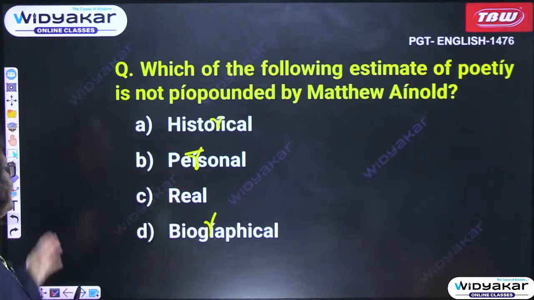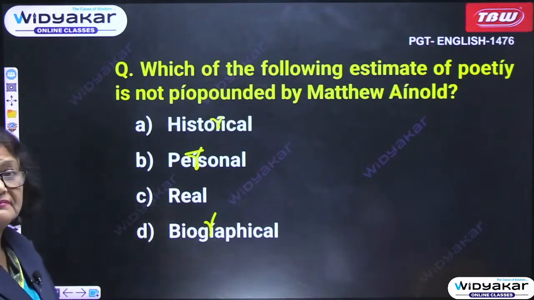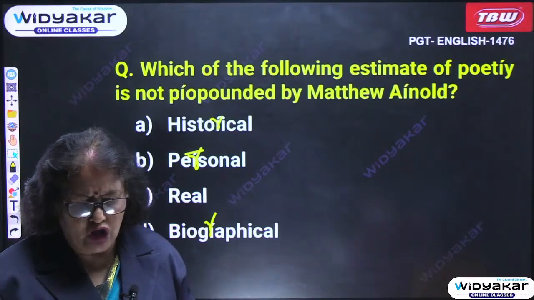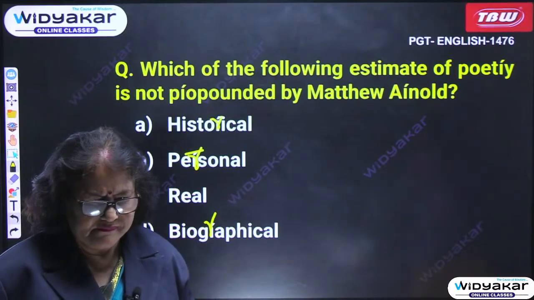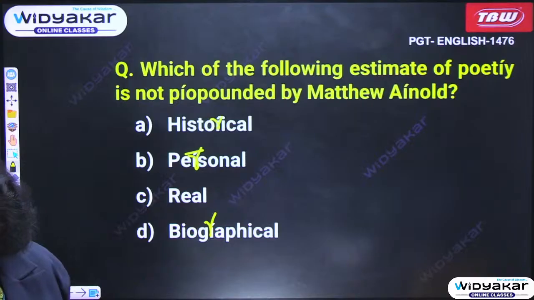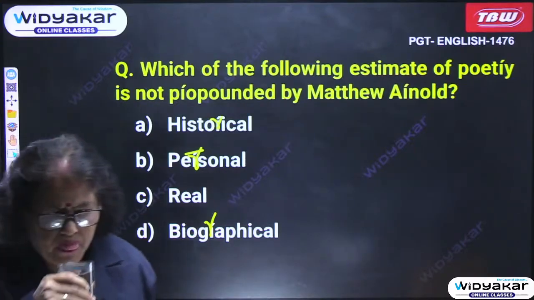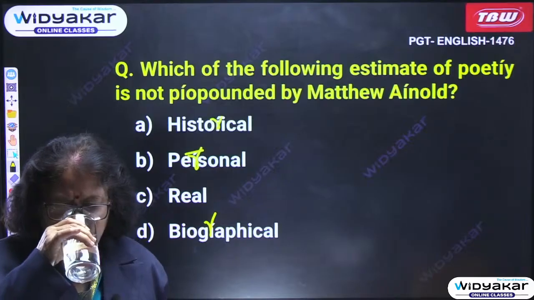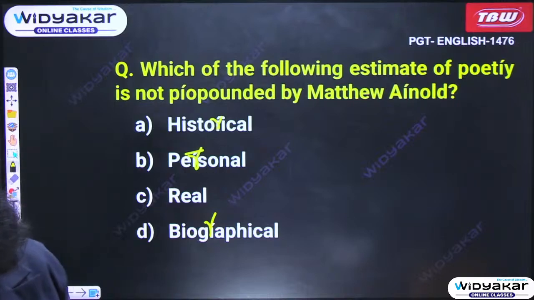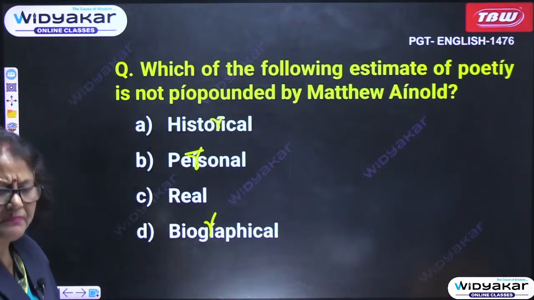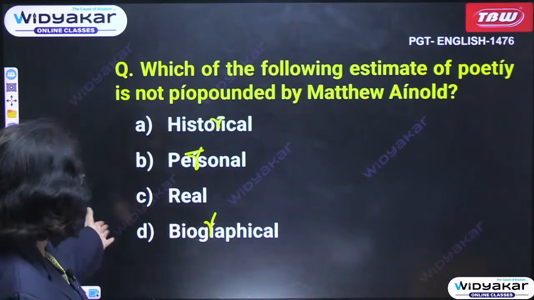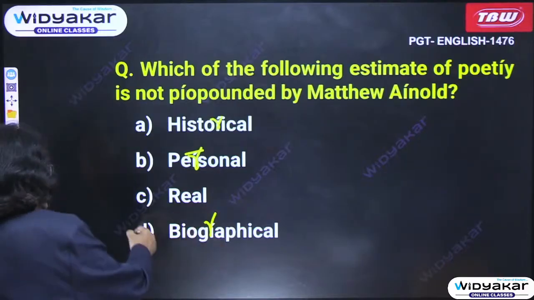A, historical; B, personal; C, real; D, biographical. It's very simple. Arnold speaks of three estimates: historical, personal and real. Biographical is not one of them. Option D is the right answer.